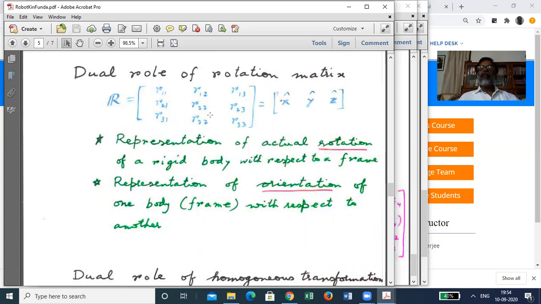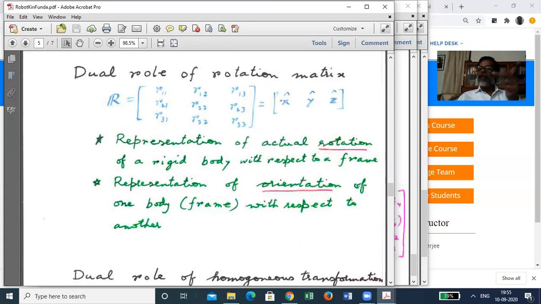And that means this matrix represents an actual rotation of a rigid body with respect to a frame. Now, after this rotation has taken place, the rotated orientation also is represented by the same matrix. So the matrix can represent an actual rotation, and it can also represent the static orientation, whatever attitude a body is in. The same matrix can represent an orientation of one body with respect to another.